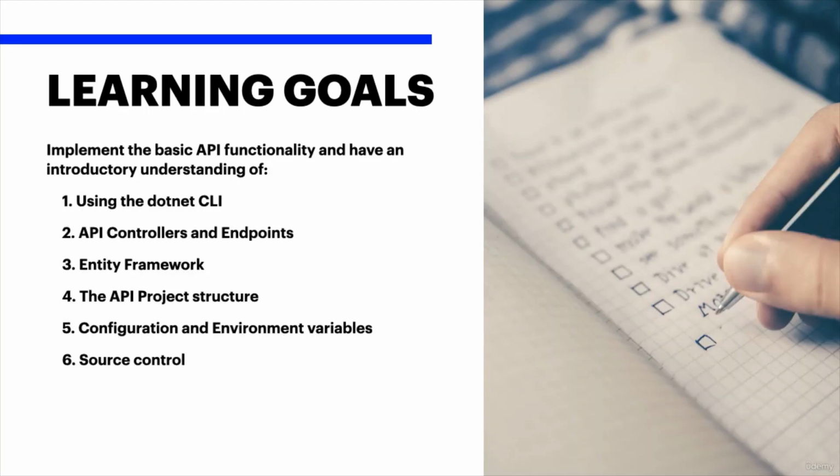So we've reached the end of section 2, and we're just wrapping up with a summary here. What we want to take a look at is what our learning goals were at the start of this section, and what hopefully you've got an understanding of now. So we've implemented some very basic API functionality, and we've used the .NET command line interface to create our application, and we've used it to create a solution file, and we've also used it to create a git ignore file.